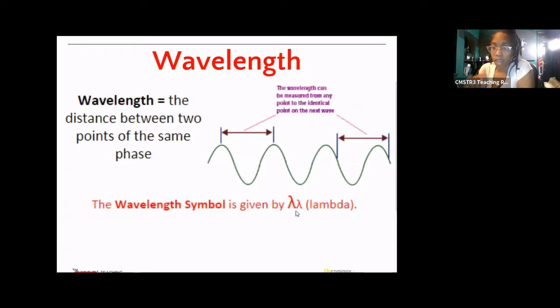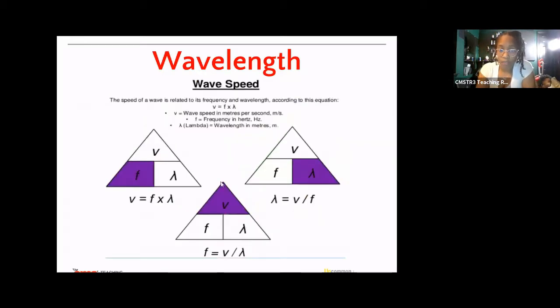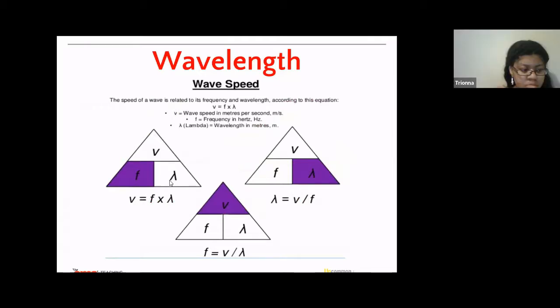So frequency will be f, wavelength will be lambda in these equations, and speed will be c. So just like we talked about speed is distance over time, the velocity, which is the speed of a wave, can be calculated by the frequency times the wavelength itself. So speed or velocity is frequency times length.